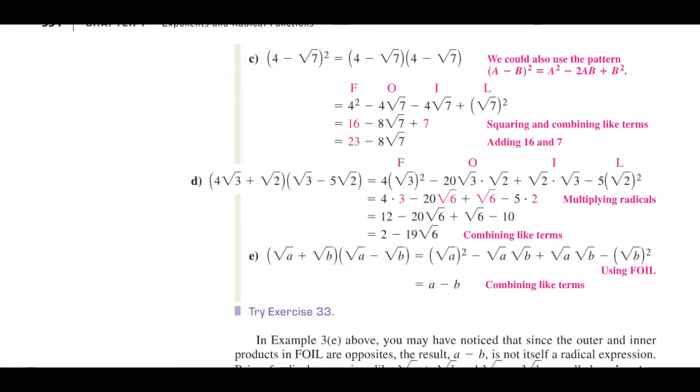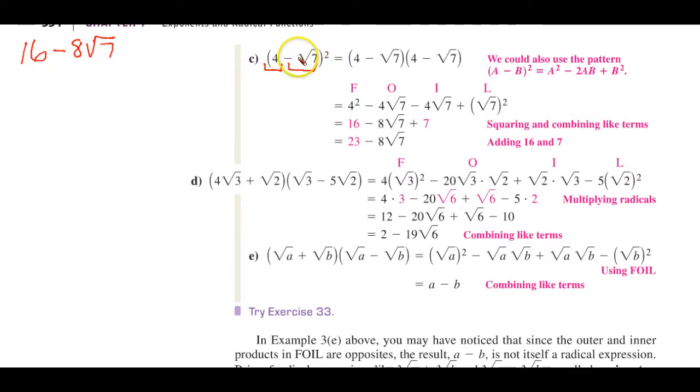Now when I did this the other day, I said there is a special way to square a binomial. We take this first term and square it and get 16. We then multiply these two terms together and get a negative 4 square root of 7, and then double it, which will give us negative 8, the square root of 7.